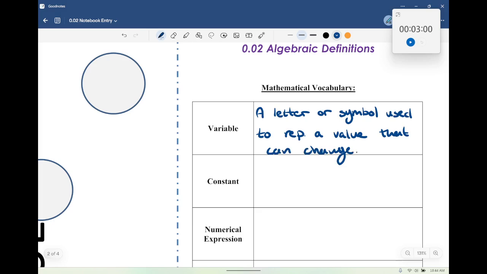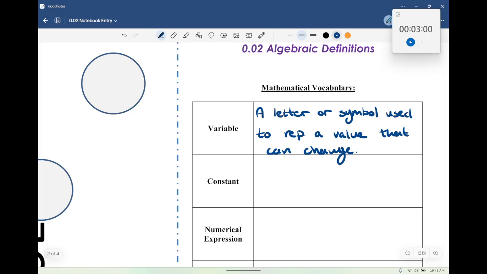If you do not have a note sheet in front of you, you need to get one in the back of the room right now, please. And so again, a variable is a letter or symbol used to represent a value that can change.